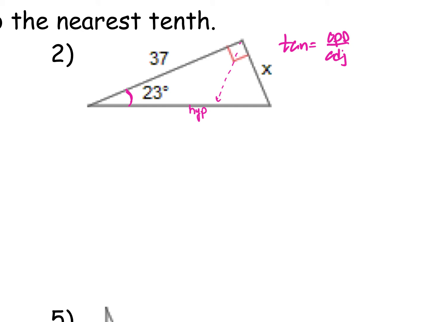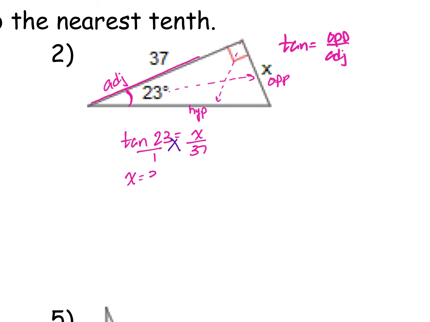So I need to find my side opposite. Here's my side opposite, and here's the side that makes the angle, so that's adjacent. So tangent of 23 equals x over 37. Make a fraction, cross multiply, and I get x equals 37 tangent of 23. So that's going to be approximately equal to, I've got to get out my calculator on this one.